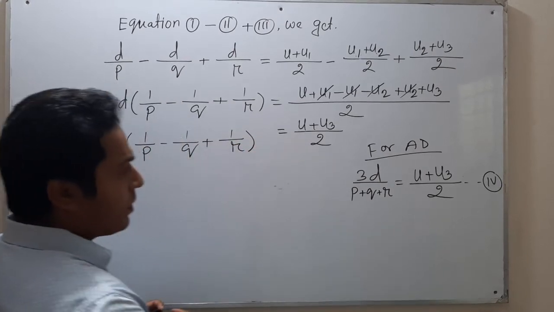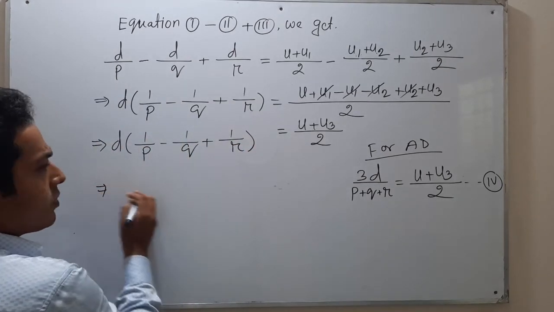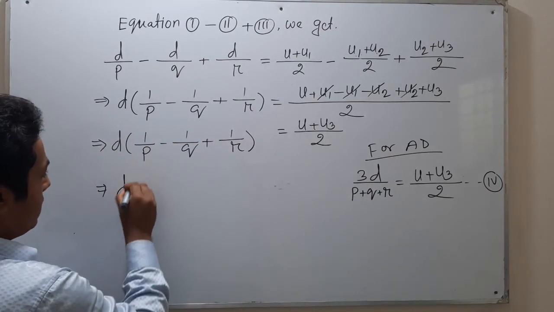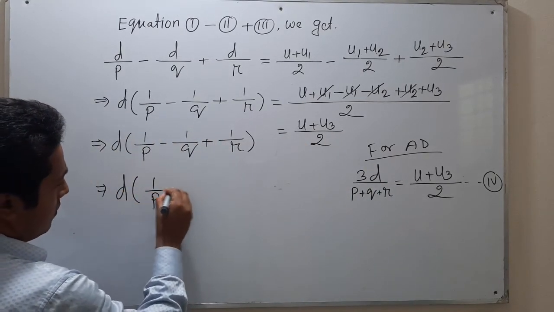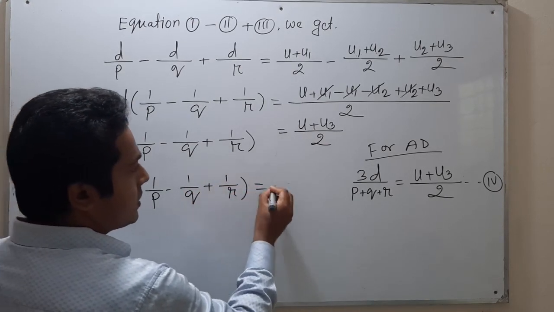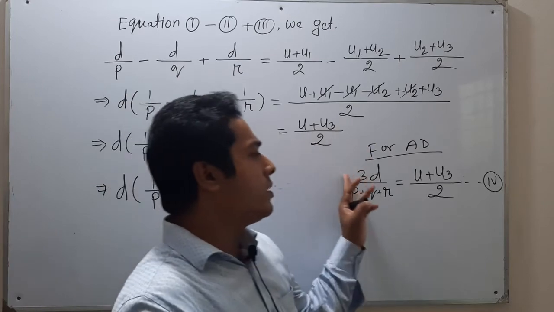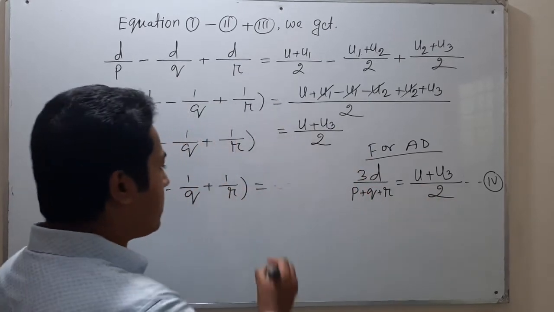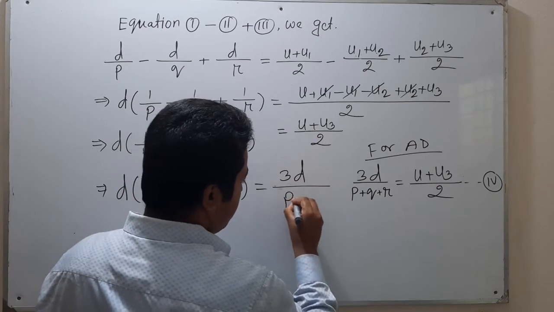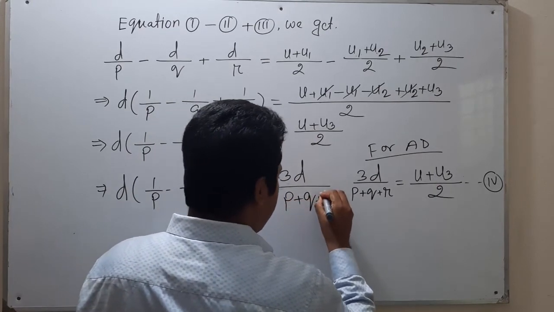So by using equation 4, on the left hand side, u plus u3 divided by 2 is equal to 3d divided by p plus q plus r.